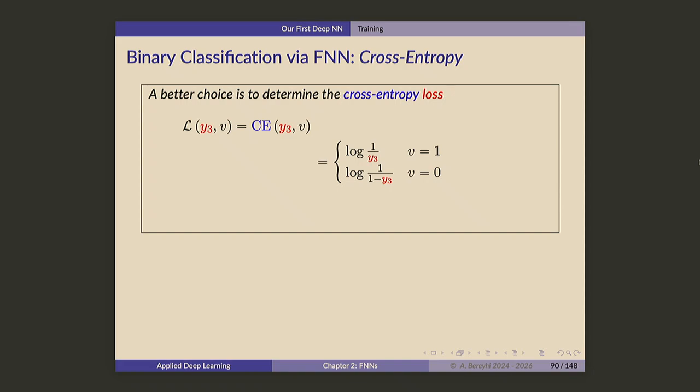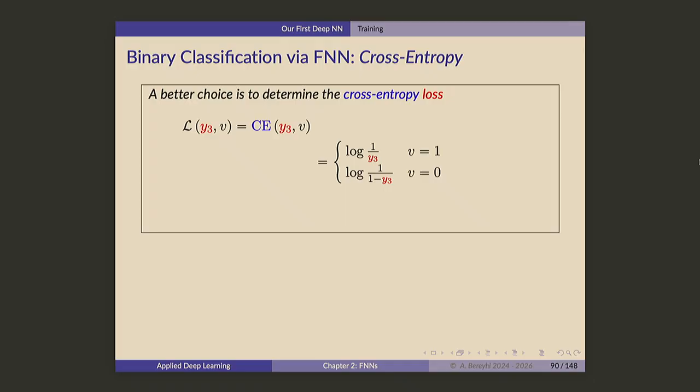What's going to happen if I put y3 as 0 here? The loss is 0. Perfect. If I increase y3 towards 1, it's going to increase, right? Because 1 minus y3 is going to be smaller than 1, and then 1 over that is larger than 1, so this log is going to be larger and larger.